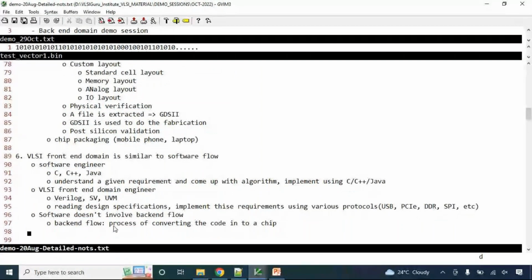Now, what is the easy thing about software is, let's say I developed one software. I sold it also. I gave it to a bank. There is some mistake in the software. That mistake can be rectified because I can always release a new patch. But in chips, there is no concept of patch.